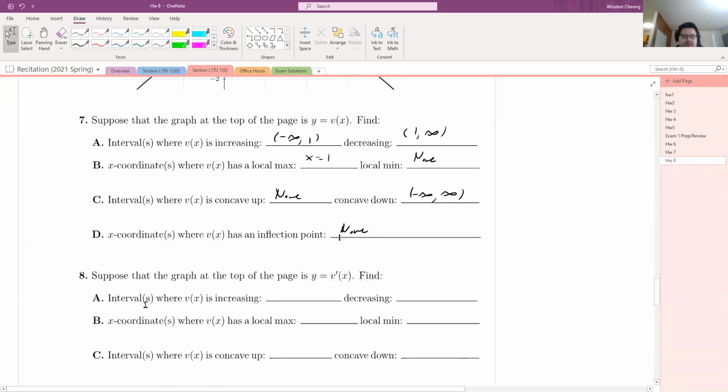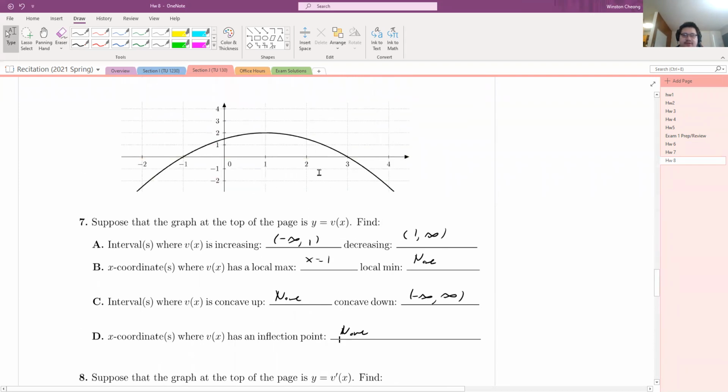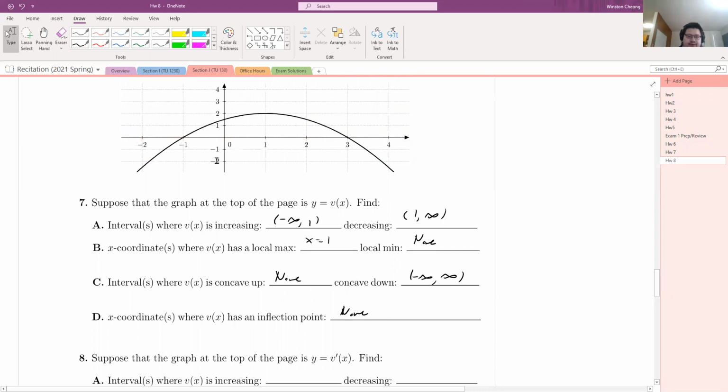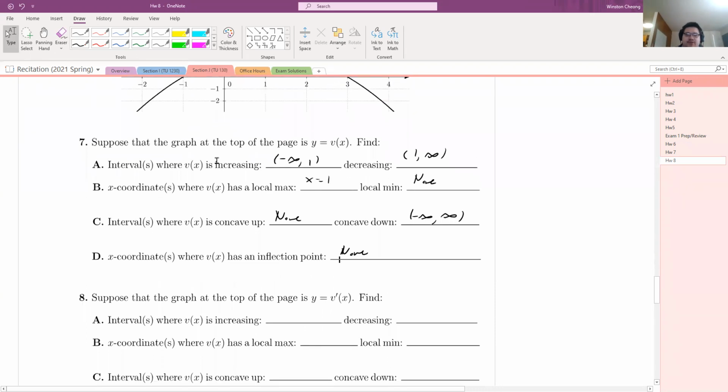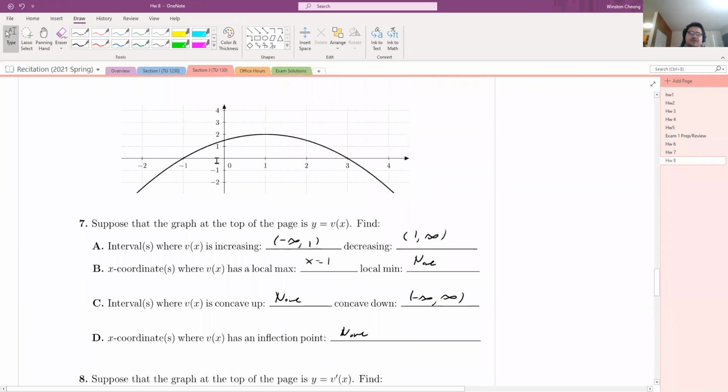Okay. Now for number 8, we need to reinterpret this. So now instead of this being the function v, we think of this as the derivative. This is v prime. Then for increasing and decreasing, we do need to go back to the definition. Increasing means that the derivative is positive, but this is now the derivative graph.